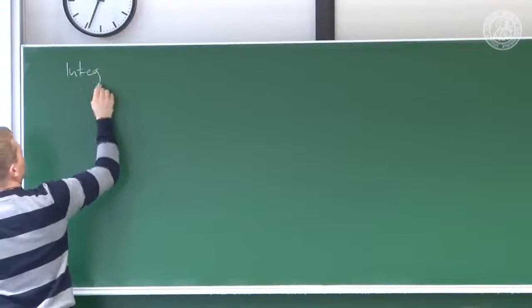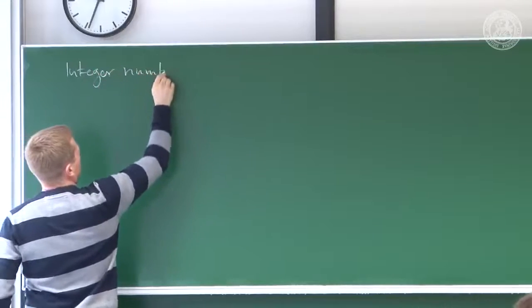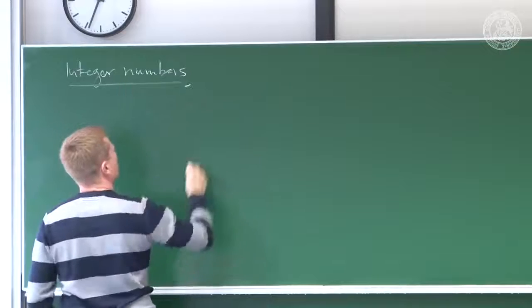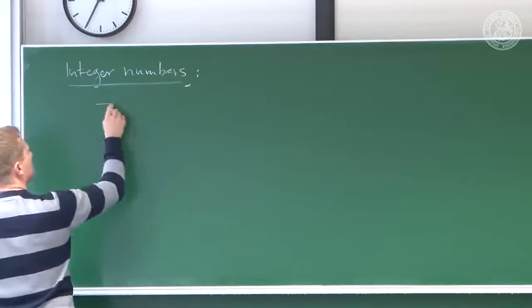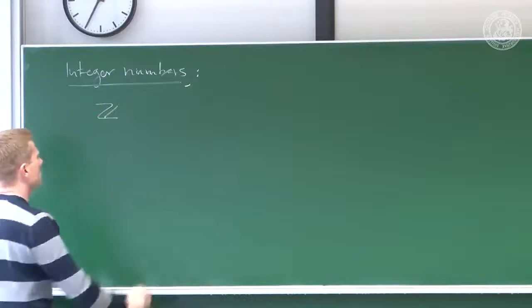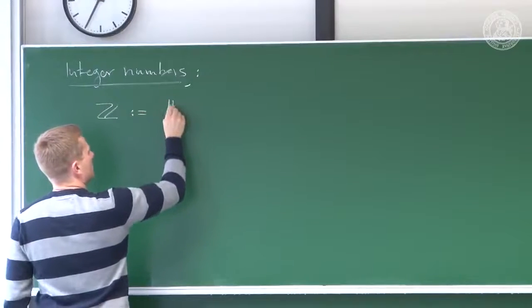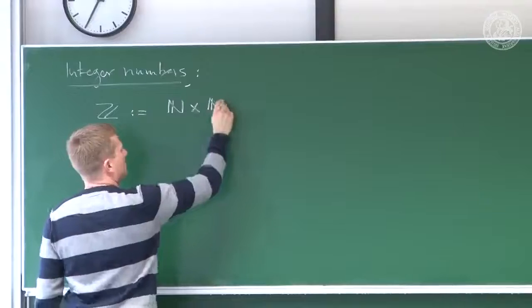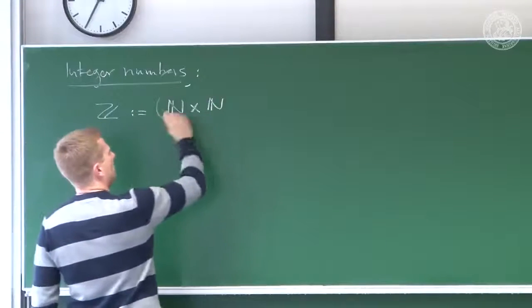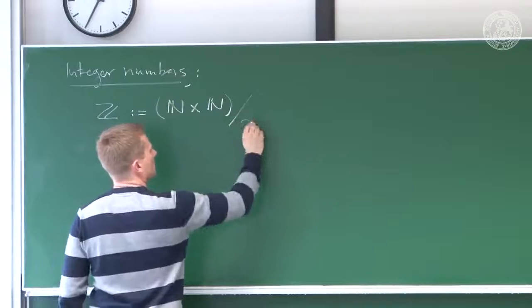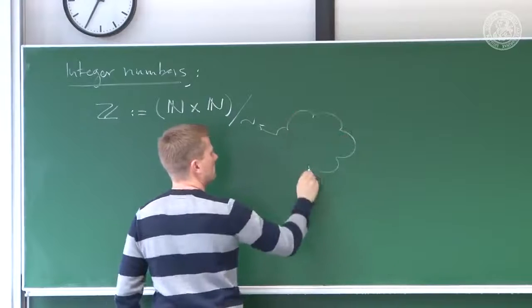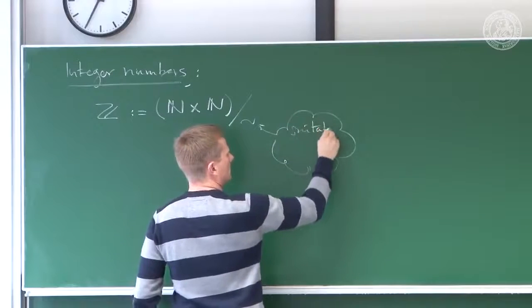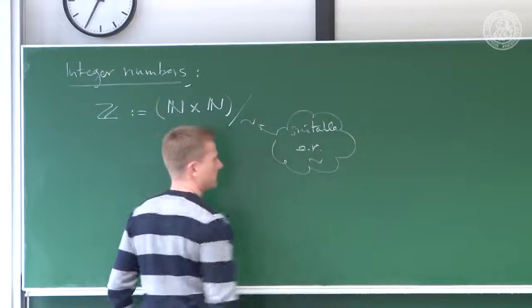Integer numbers. I claim that you can define the integers, the set Z, actually as the quotient set of the pairs of natural numbers modulo a suitable equivalence relation, twiddle.